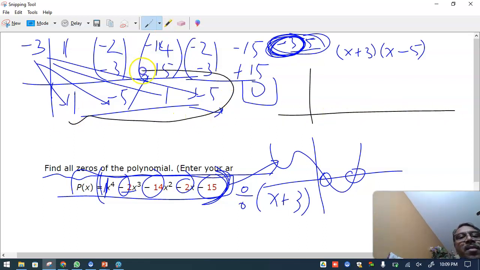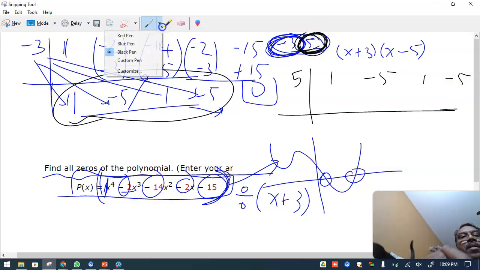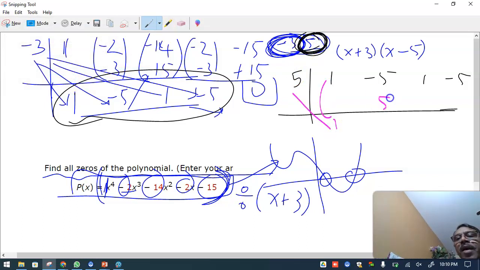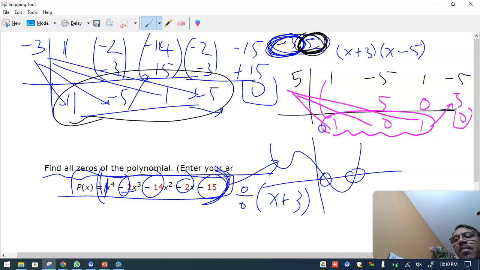This number goes right here, 1, negative 5, 1, negative 5. And because the second 0 is 5, I'm going to use that 5 here. Let's multiply. Drop down 1, 5 times 1 is 5, 0, 5 times 0 is 0, add 1, 5 times 1 is 5, and you get 3 numbers. So now you have a depressed coefficient.